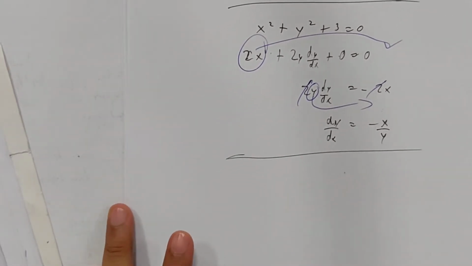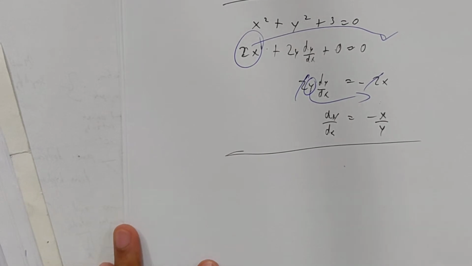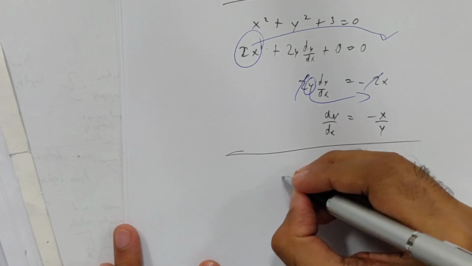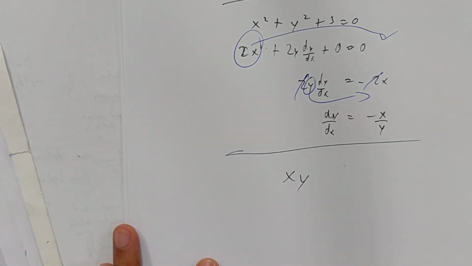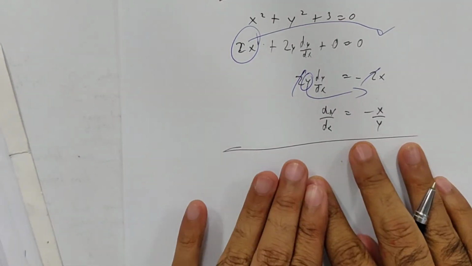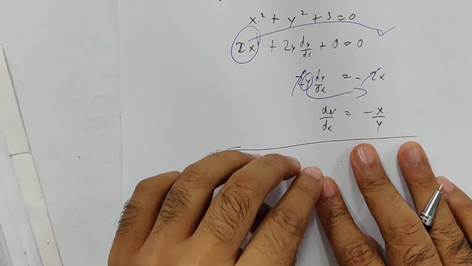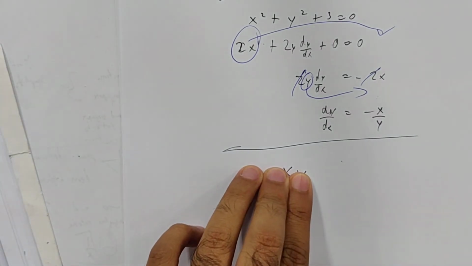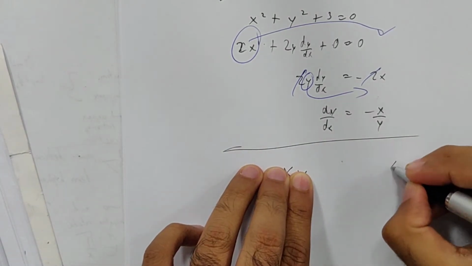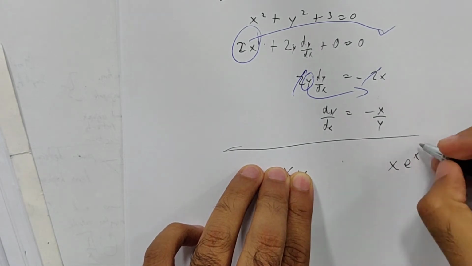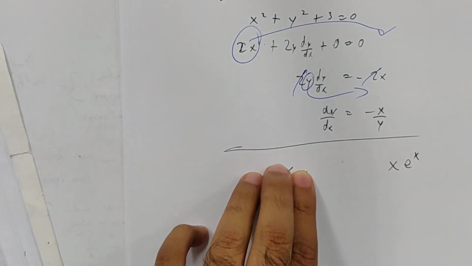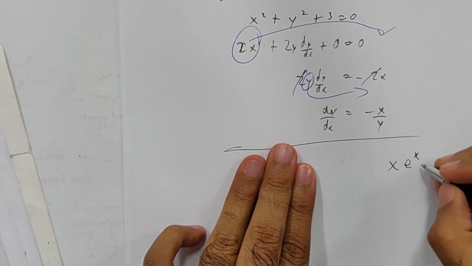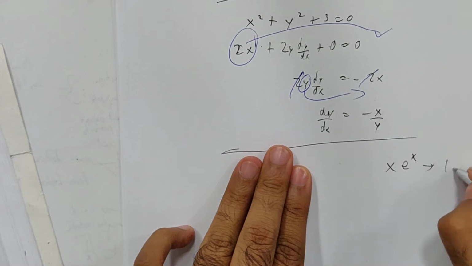Now. Differentiate xy. Okay, before you differentiate this, how do you differentiate x times x? Is this correct, class? 1 times x?